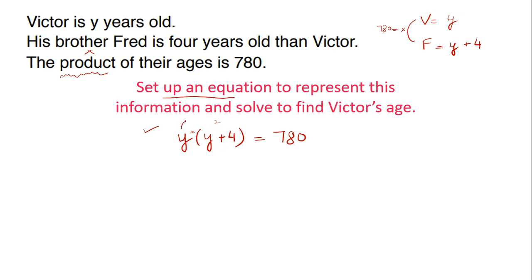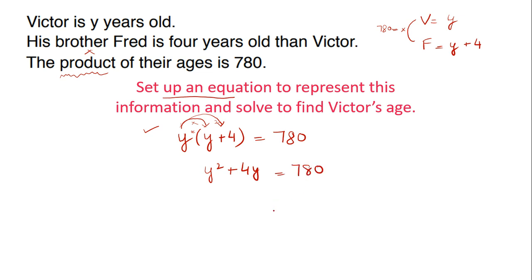Now, first thing, y times y, there are two y, so y times y gives you a y squared. Then y times a 4 gives you 4y. There's a plus sign here, so I'm just going to straight away put the plus sign. So y squared plus 4y equals 780.